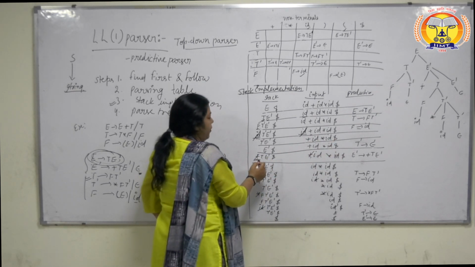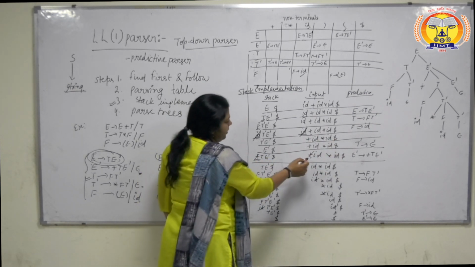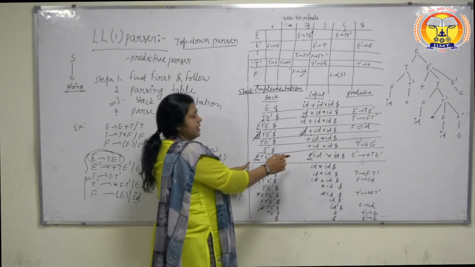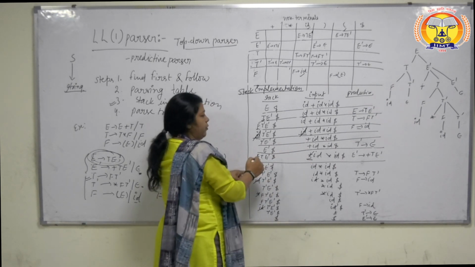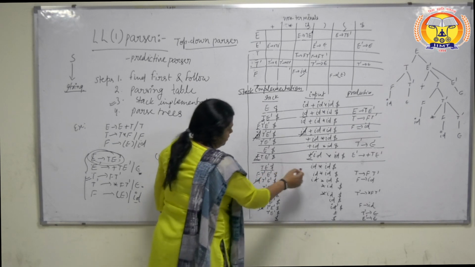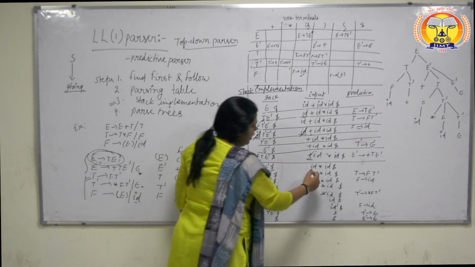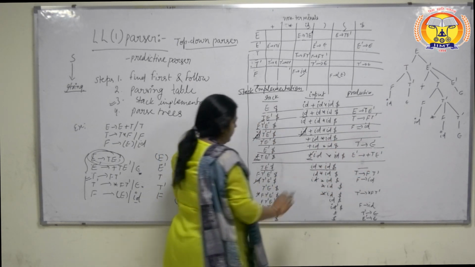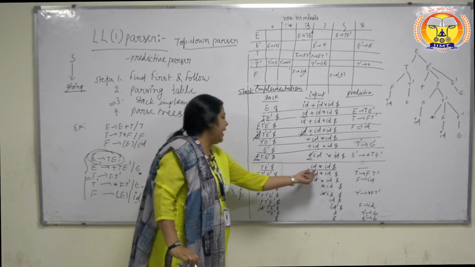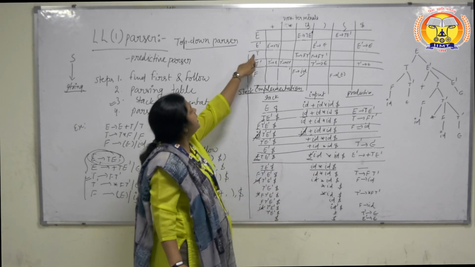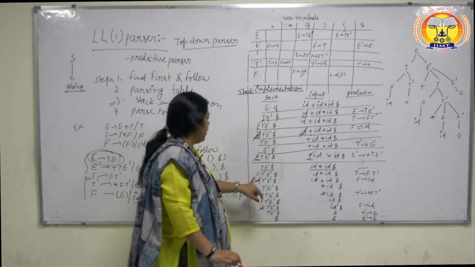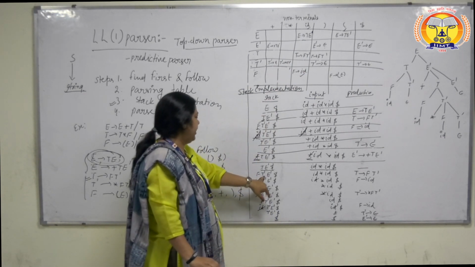Now the top of the stack element and the input are the same, so again you will remove this. What is left is T E dash dollar and ID and so on. Now we will check T and ID, and we will apply T tends to F T dash.